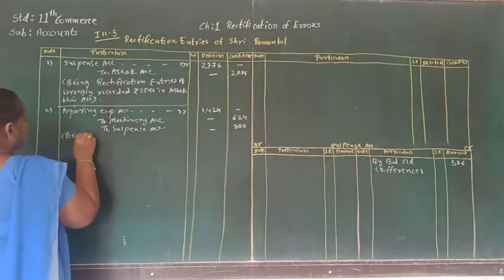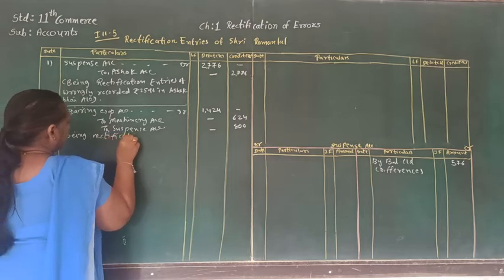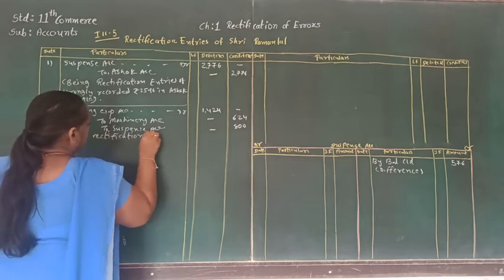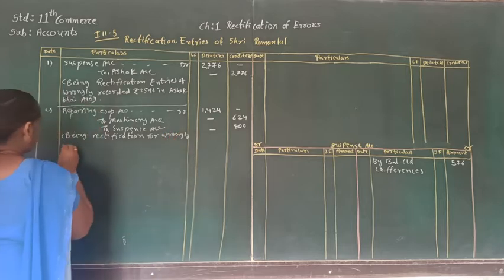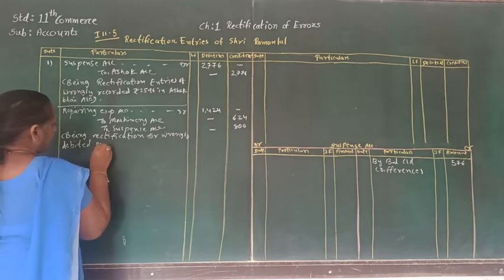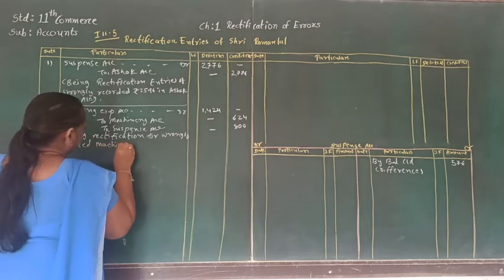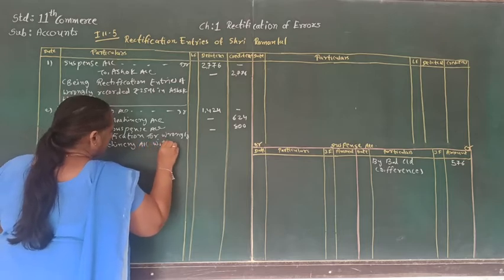Being rectification for wrongly debited machinery account with wrong amount.